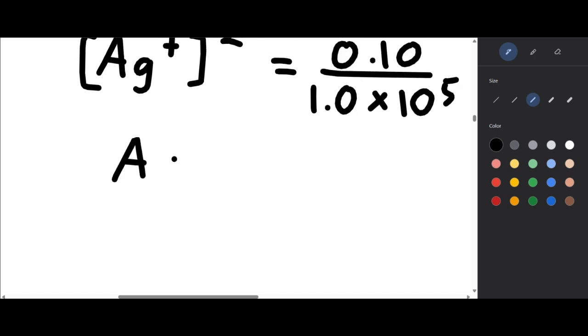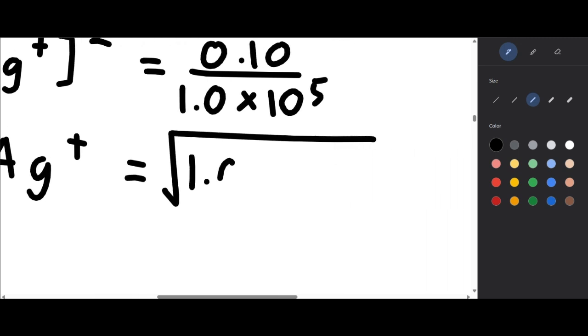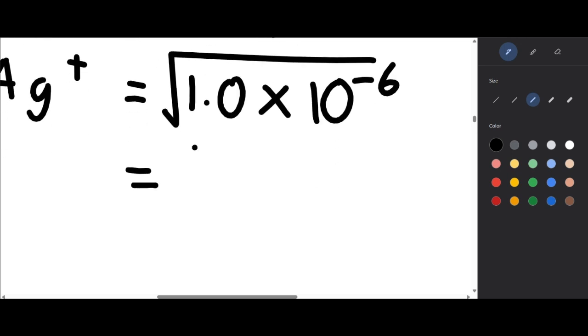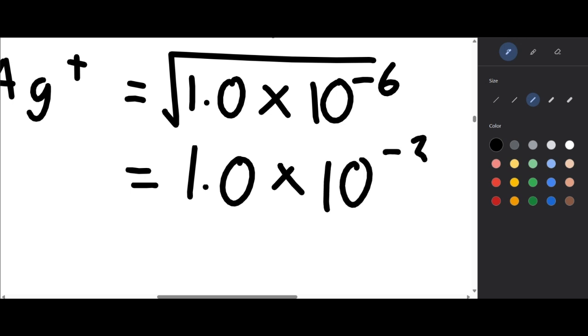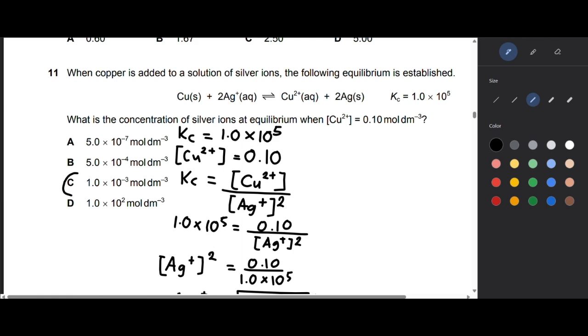So the Ag+ is the root of 1.0 times 10 to the power of minus 6, which is 1.0 times 10 to the power of minus 3. And the answer is C.